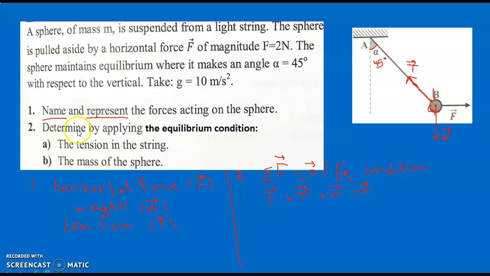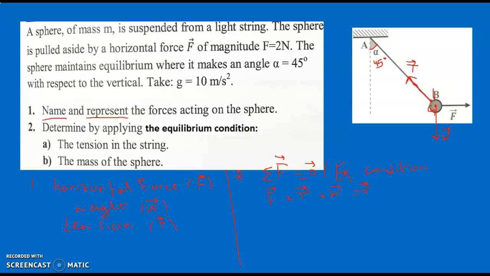Now concerning the second part: determine, by applying the equilibrium condition, the tension in the string and the mass of the sphere. If you want just to make a comparison between this one and the exercise about the girl Layan who was swinging on a swing and was at equilibrium position at a certain time.